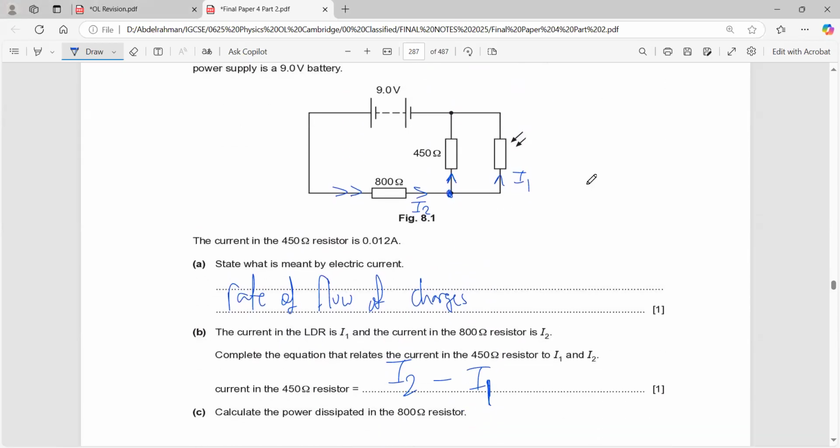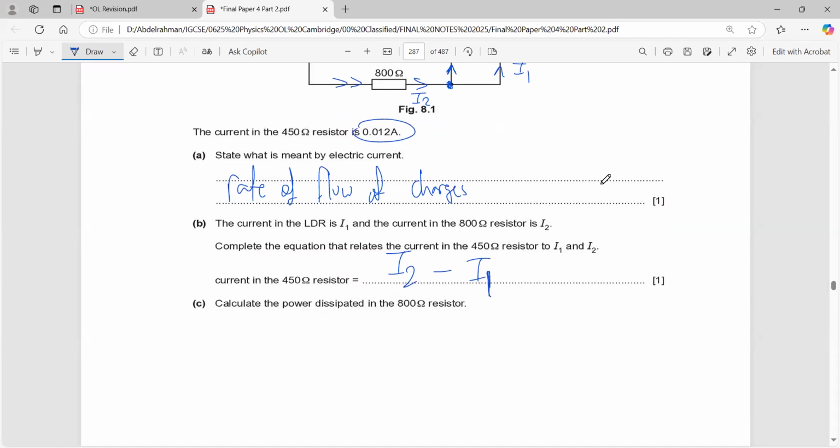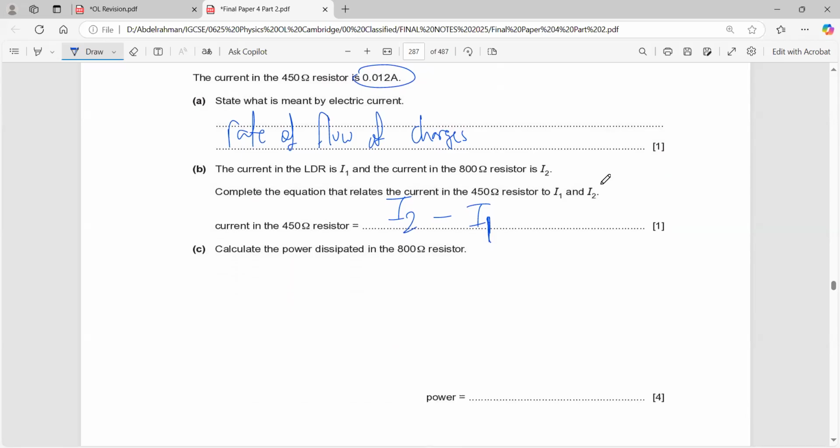He said that the current in the 450 ohm resistor is 0.012 amperes. Can I find the potential difference in this resistor? Yes. V equals IR, which is 450 times 0.012, which is 5.4 volts.